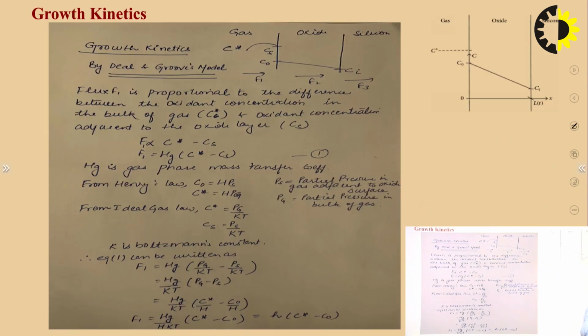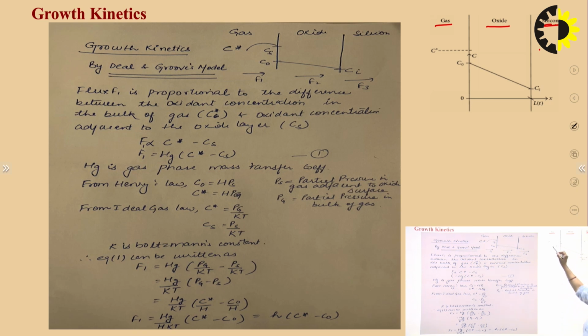Now another important topic of this oxidation is growth kinetics. In growth kinetics, what we are seeing is this is your silicon substrate, then your oxide layer, and the layer outside is the interface with some gaseous form, right? So there are three kinds of interfaces while forming your oxide layer.